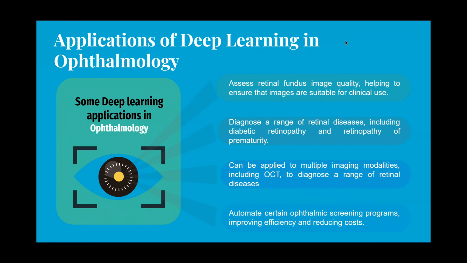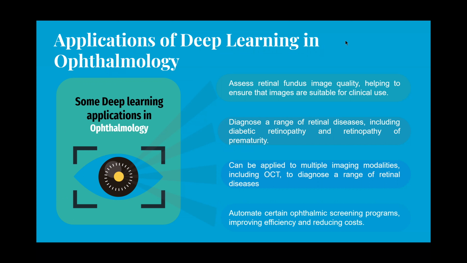Coming to the applications of deep learning in ophthalmology, one of the significant applications is assessing retinal fundus images and judging which images are of suitable quality for clinical purposes. A significant impact is in the diagnosis of various retinal diseases, where models are trained to recognize important features indicative of specific conditions.